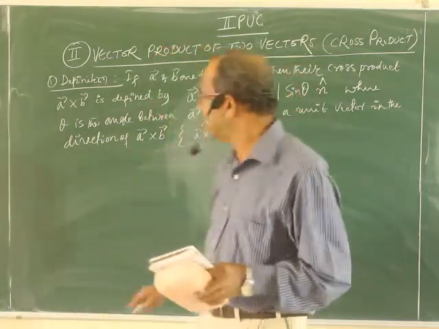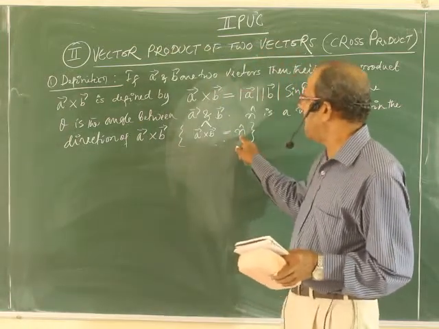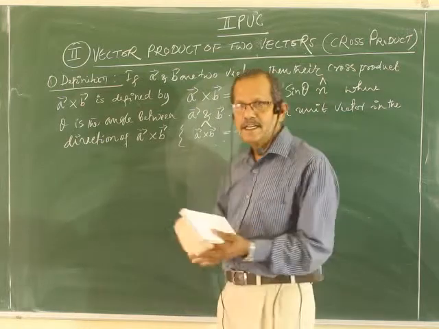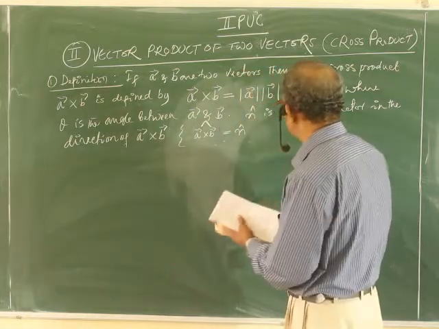So remember, this n cap, actually the vector n, A cross B can be written as n. Let me write that one also.